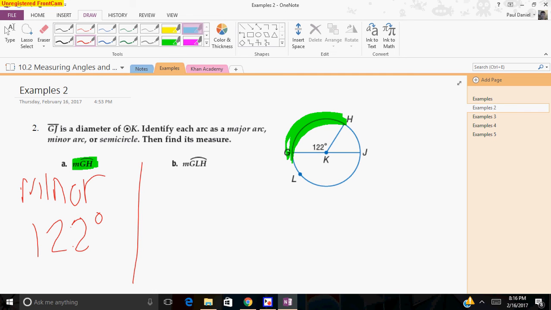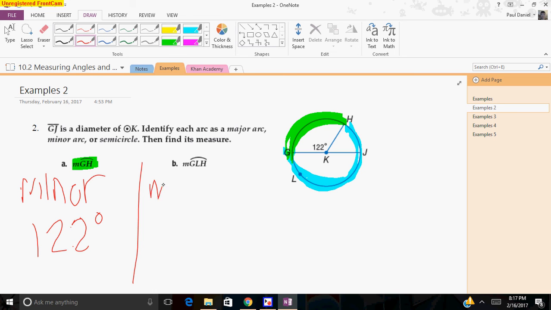All right, now let's look at the other one. It says, find GLH. So I start at G, I follow through L, and go till I hit H. That's all of that. Well, since I found that GH was 122, and I know the whole thing has to add up to 360, first of all, I know that this is what kind of arc: major, minor, or semicircle?